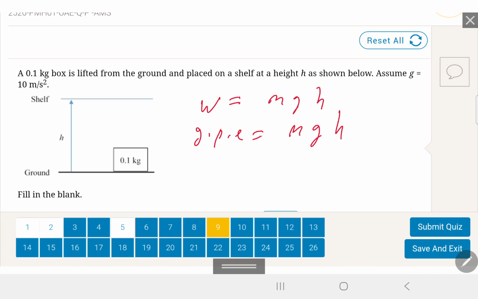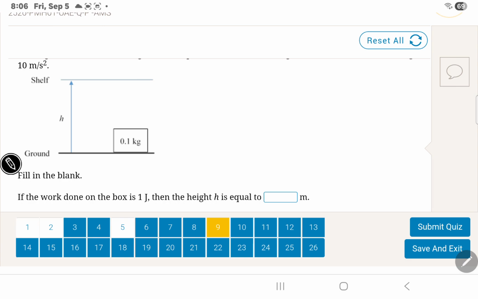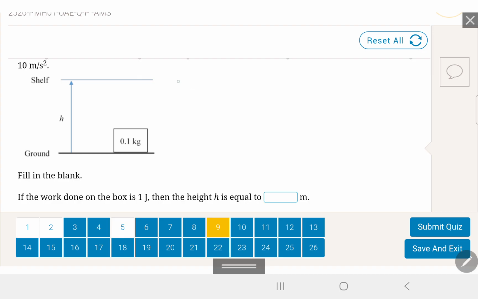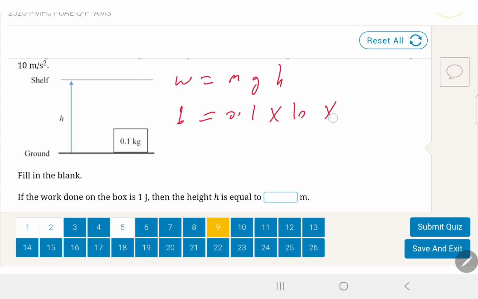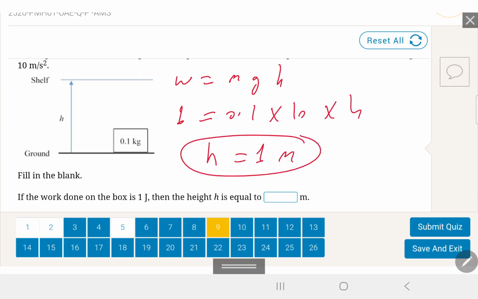We have the mass, we have gravity, and we have the amount of joules, 1 joule. So the height is required. So work equals mgh: 1 equals 0.1 times 10 times h, so h equals 1 meter. And that is the answer.